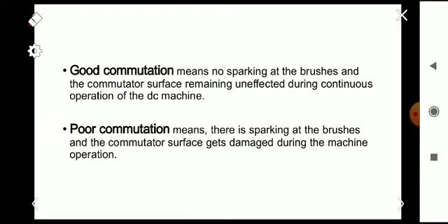Previously the current flows in one direction through a coil, but when the brushes short circuit the coil, the current direction reverses in that coil.